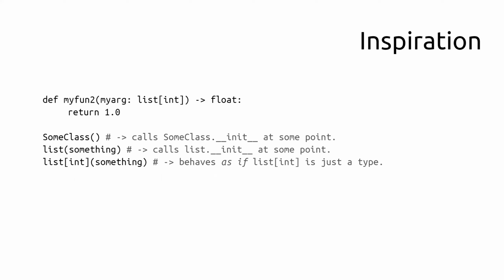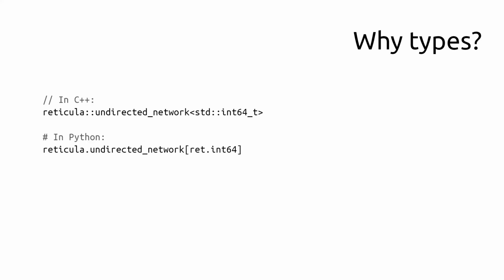So yeah, that's an overview of where the square bracket interface comes from. But at a little bit higher level, this is just a direct translation of the same idea in C++.